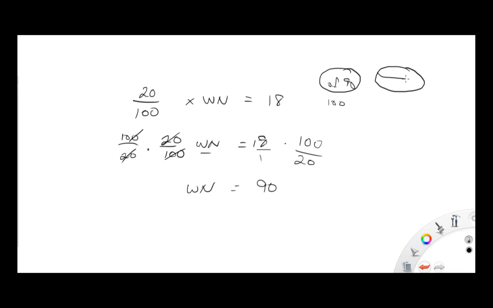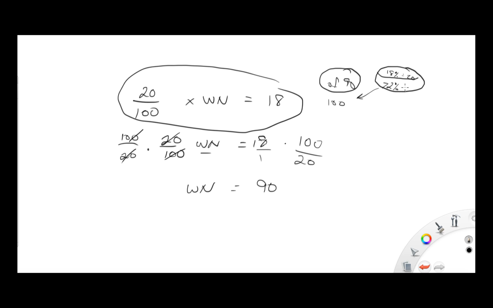We can say that 18 equals 20%. We know that because of this equation right here, which leaves us with 72, because 72 and 18 equal 90, right?